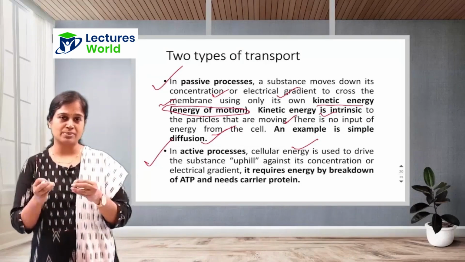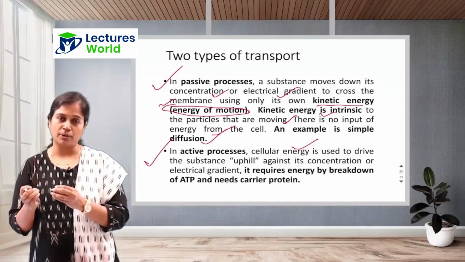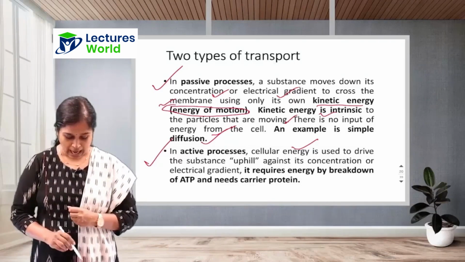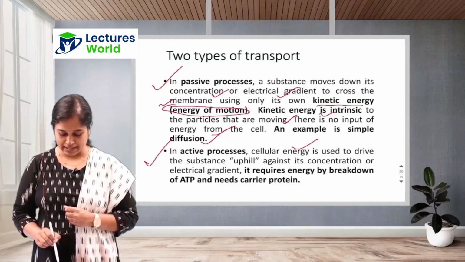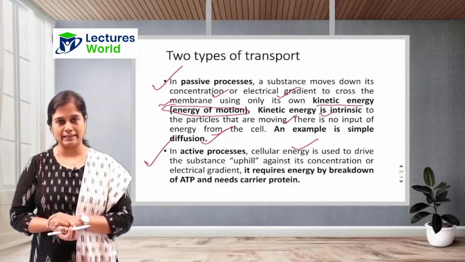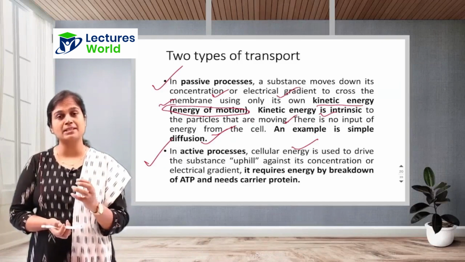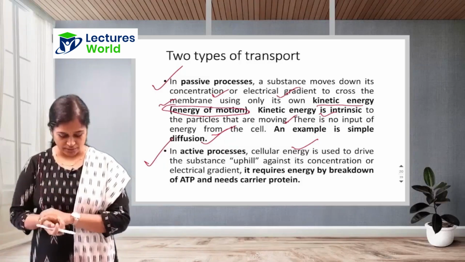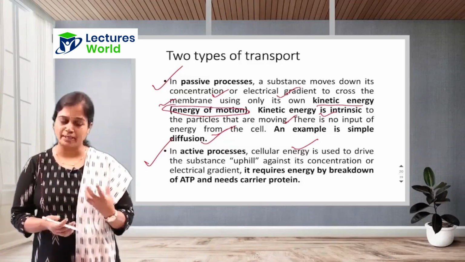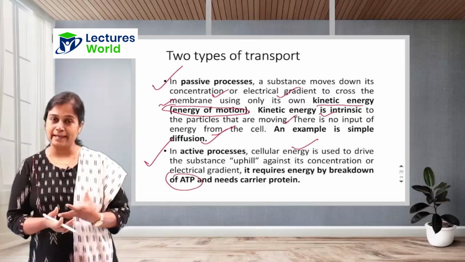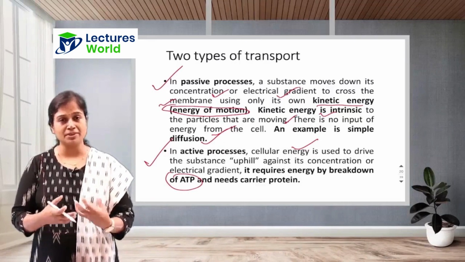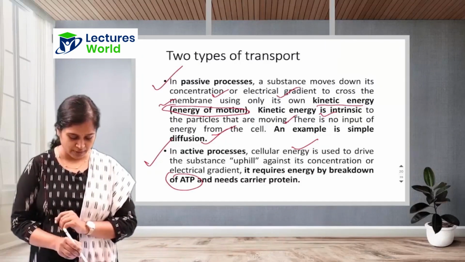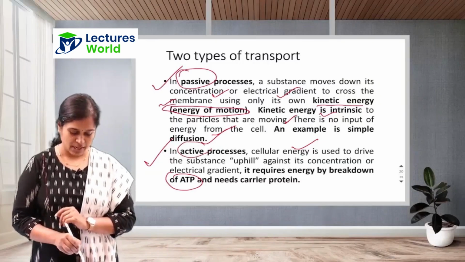That means to move substances from inside to outside or from outside to inside, these molecules need cellular energy, and the substance moves uphill against its concentration or electrical gradient. So a substance which moves against the concentration gradient, from lower concentration to higher concentration, requires energy from the breakdown of ATP, and it also needs a carrier protein which helps in transporting the molecules. So basically there are two types of transport: first is passive transport and second is active transport.